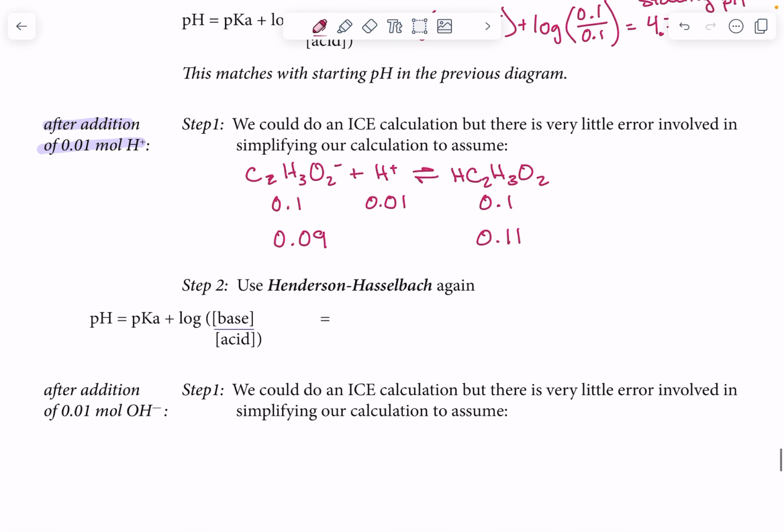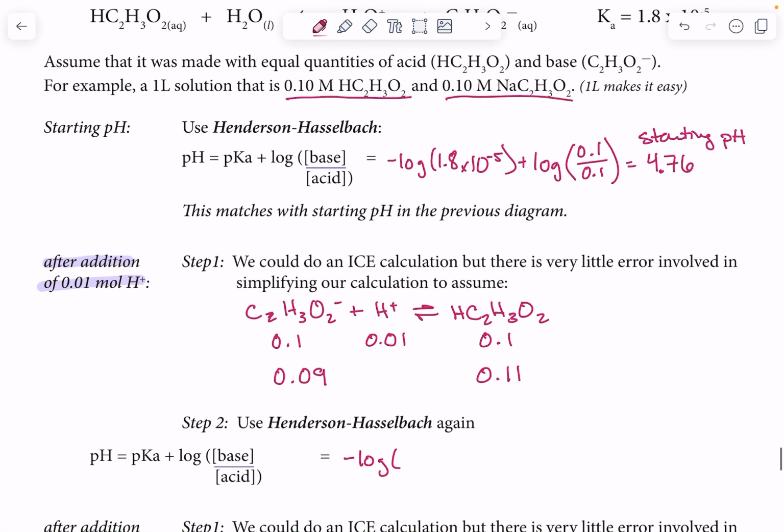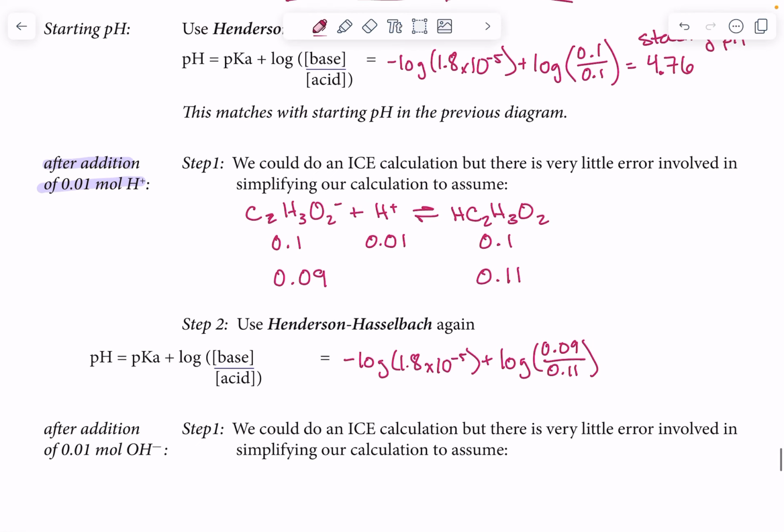So now let's plug it in and see what that does to our pH. We'll throw this into our Henderson-Hasselbalch equation. Ka is still the same, so we're still going to do negative log of 1.8 times 10 to the negative fifth. And then we're going to plug in our new ratio, which is 0.09 divided by 0.11, because that's our new concentration of acid and base.